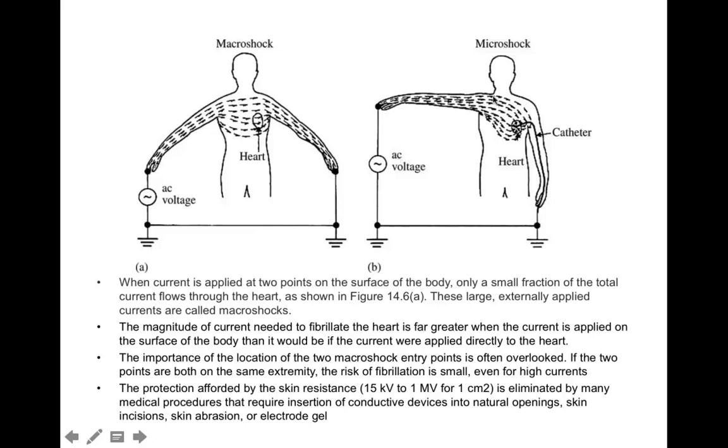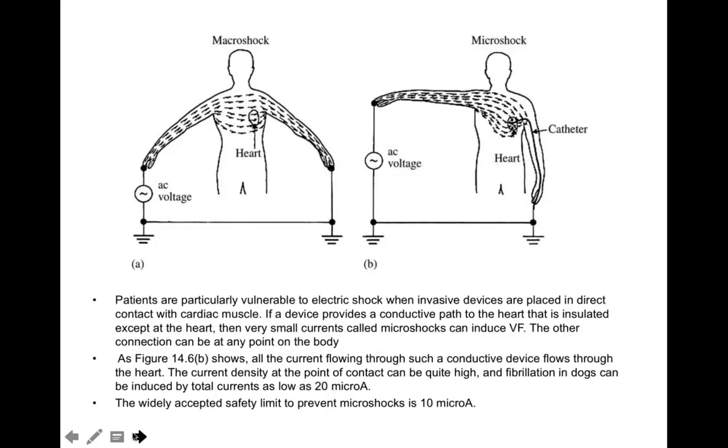So this other figure shows a microshock, and I believe I have a better slide. Yeah, so you're particularly vulnerable to electric shock in the situation shown in figure 14.6b. In this case, you actually have a catheter that's passed through the arm and into the heart. And basically that provides a conductive path directly to the heart.